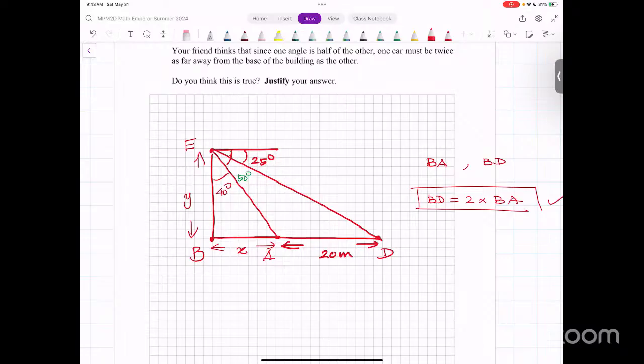Are you seeing the picture? So using that 40 degree angle, I'm going to do some math. First, I'm going to find a relationship between X and Y. So tan of 40 degrees is X divided by Y, isn't it? Therefore X is equal to Y times tan 40 degrees. Are you guys following that first expression?